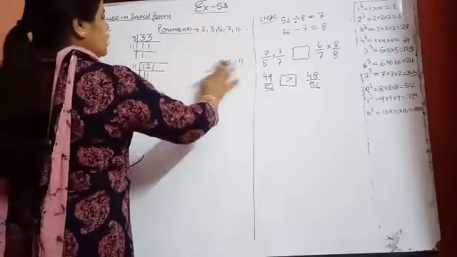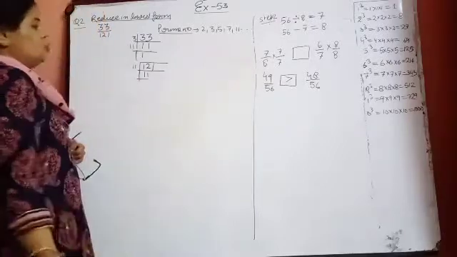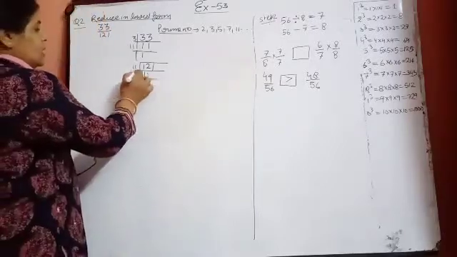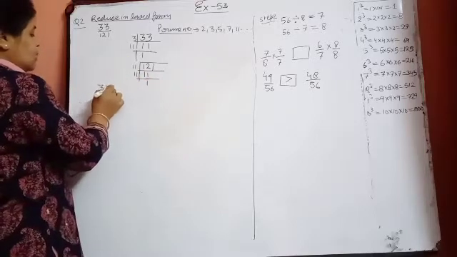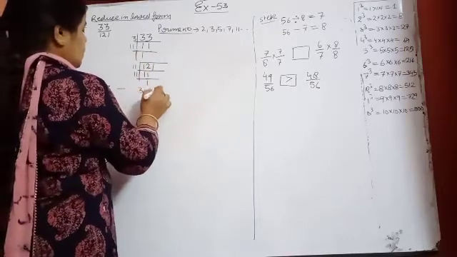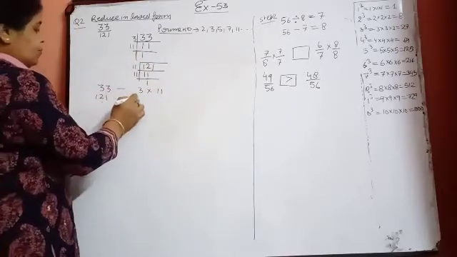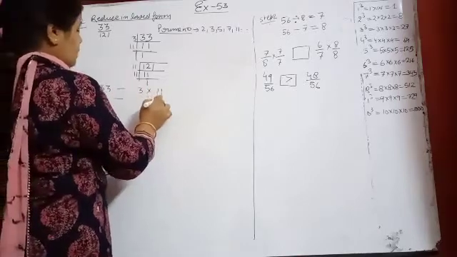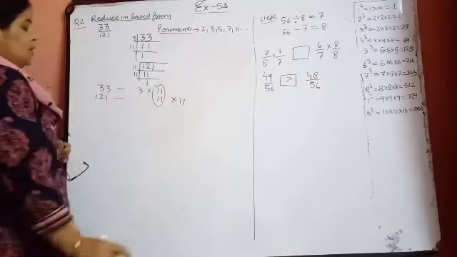Rub it. You will have a column on the right hand side of your copy, so you will perform the division there. You can see now the prime factors of 33 can be written as 3 into 11, and the prime factors of 121 can be written as 11 into 11. You can see that only 11 is common.